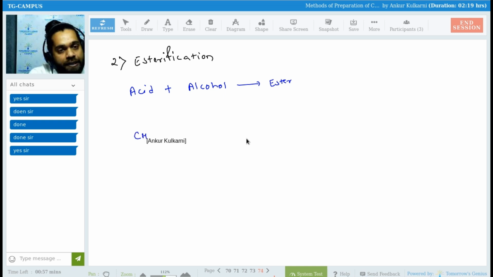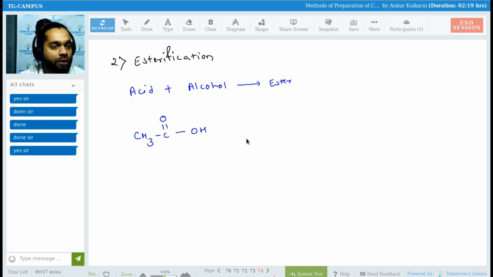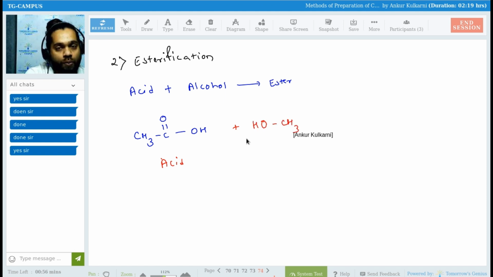So if I have a carboxylic acid, CH3COOH, and I'm treating it with alcohol, say CH3OH, what will happen?